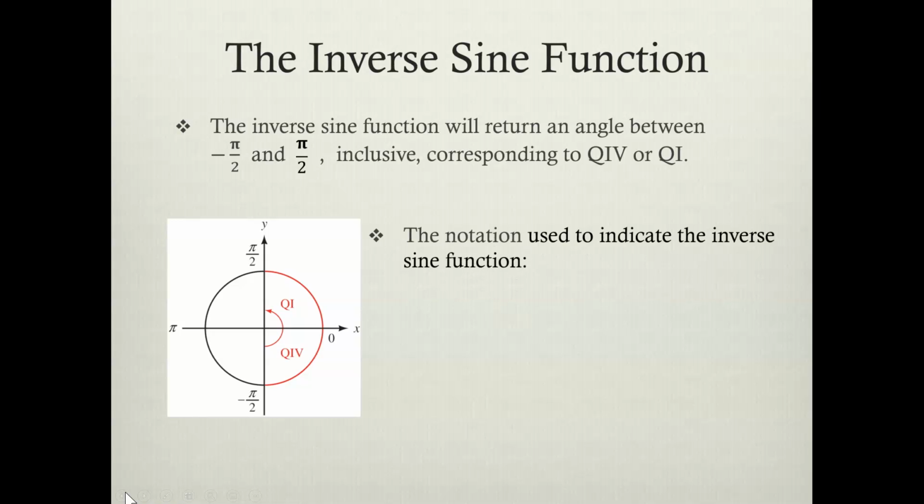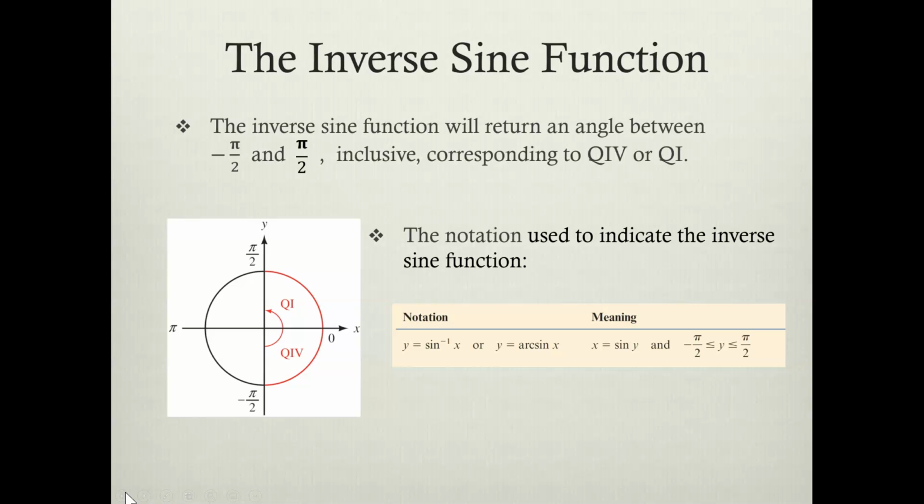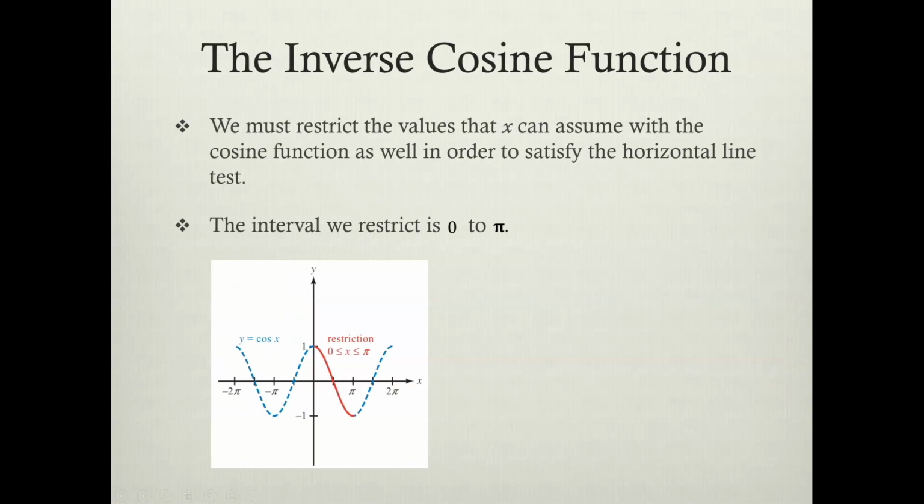The notation used to indicate the inverse sine function is y equals sine inverse of x, or y equals arcsine x, meaning that x equals sine y and y is between -pi/2 and pi/2. In words, y is an angle between -pi/2 and pi/2 inclusive, whose sine is x.